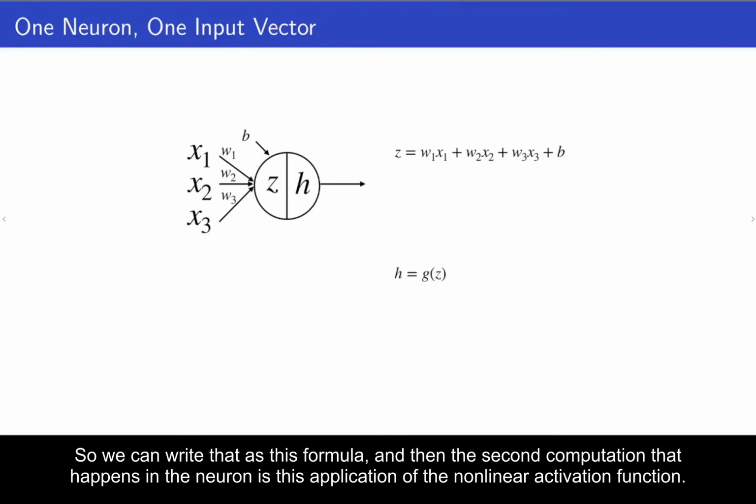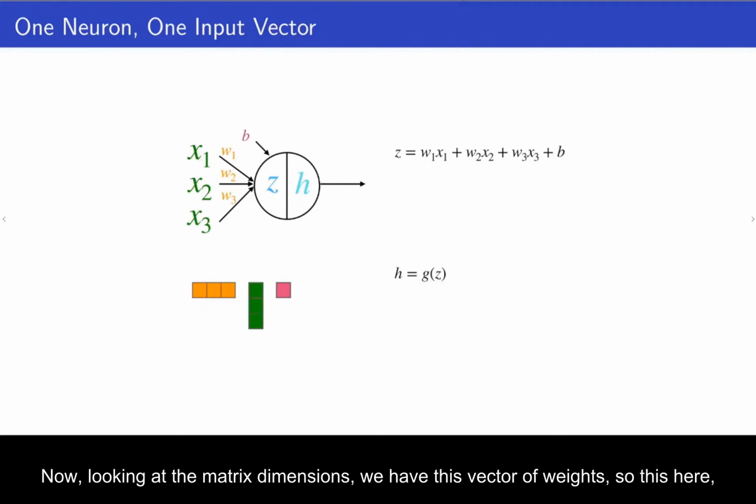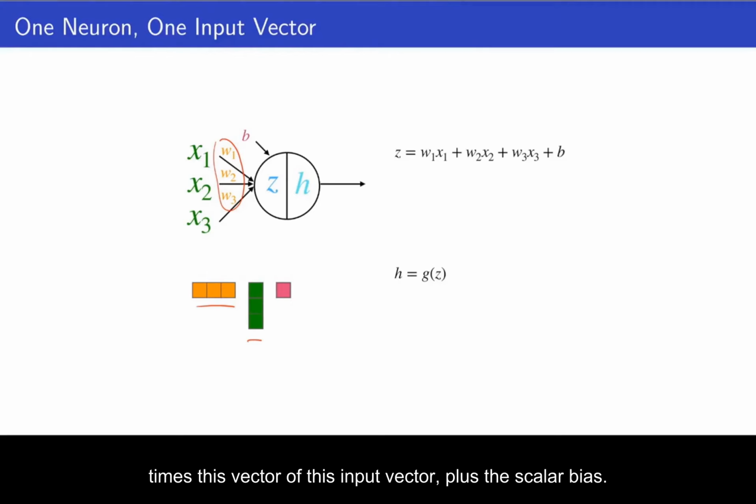So we can write that as this formula, and then the second computation that happens in the neuron is the application of the nonlinear activation function. Now, looking at the matrix dimensions, we have this vector of weights times the input vector, plus the scalar bias.